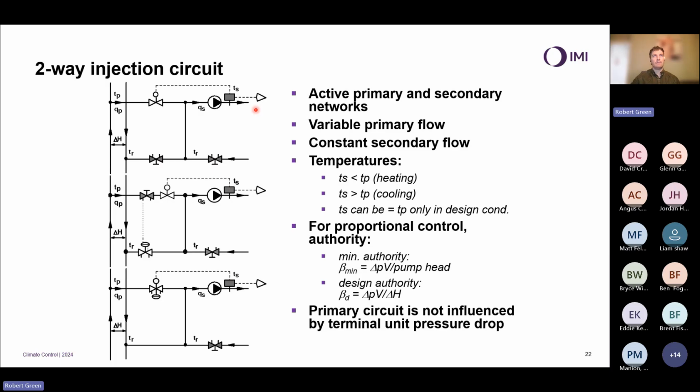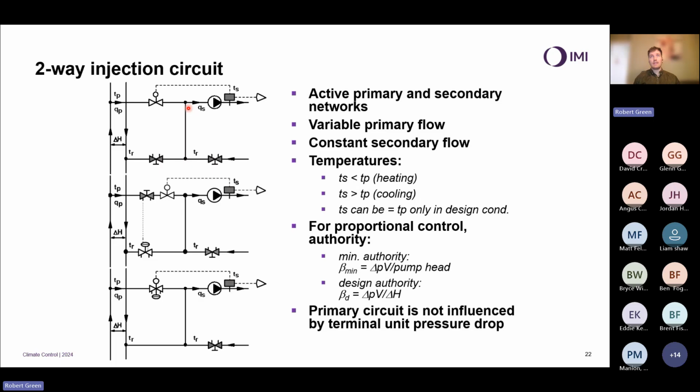In the case of heating, my secondary temperature is going to be lower than my primary temperature because we are mixing down the temperature. In the case of cooling, it's the inverse. My secondary temperature is going to be higher than my primary temperature because we're injecting hotter water into the flow to mix up that temperature on the secondary side, sorry.